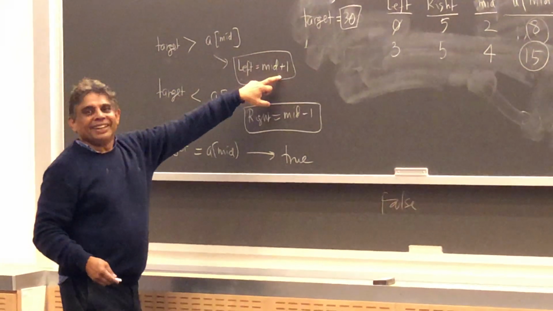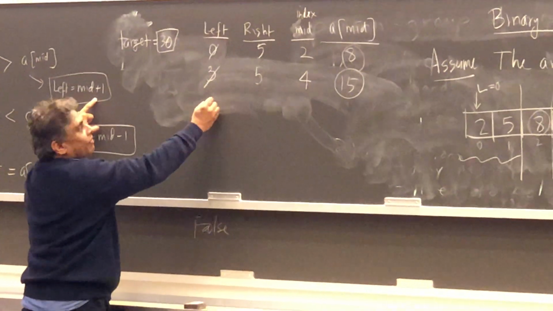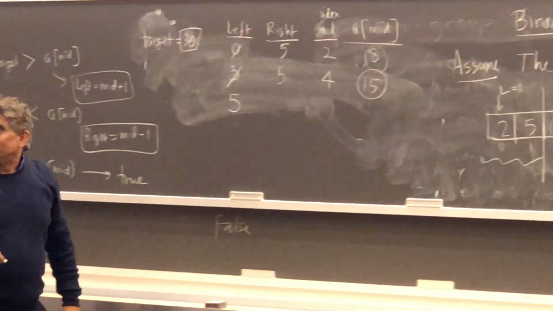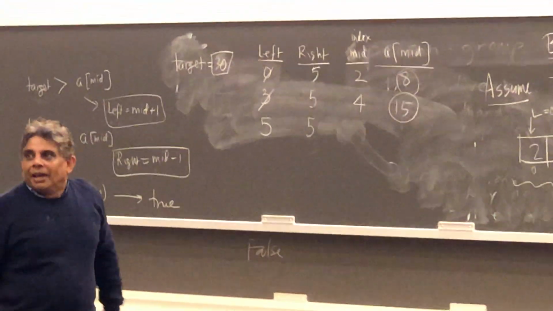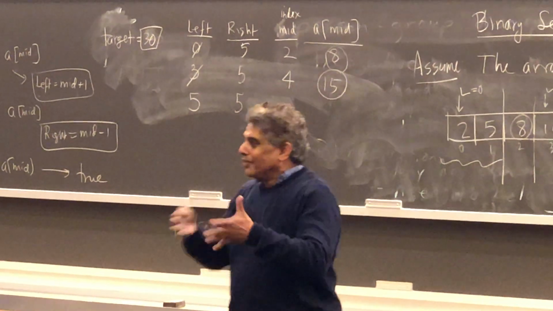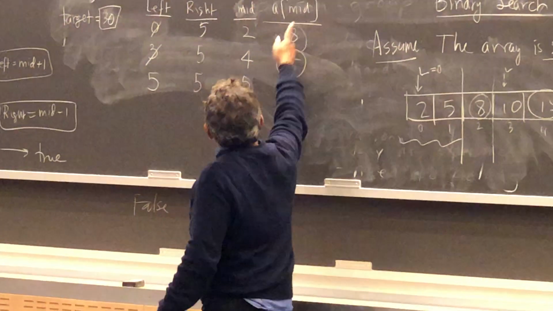Mid plus 1. So what is mid plus 1? 5. Okay, left becomes that, and the right didn't change. Now if I compute mid, 5 plus 5 over 2 is 5. And what is A of 5? 45.